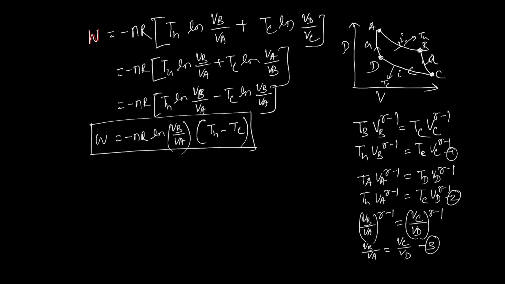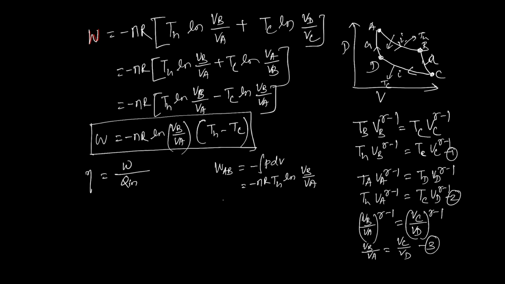And now, we can also calculate the efficiency from this. The efficiency of that particular engine is work done by heat input. Heat input happens, as you know, during the first isothermal process going from A to B. We have already seen that the work done from A to B is minus PdV, which we wrote as NR Th ln Vb by Va.